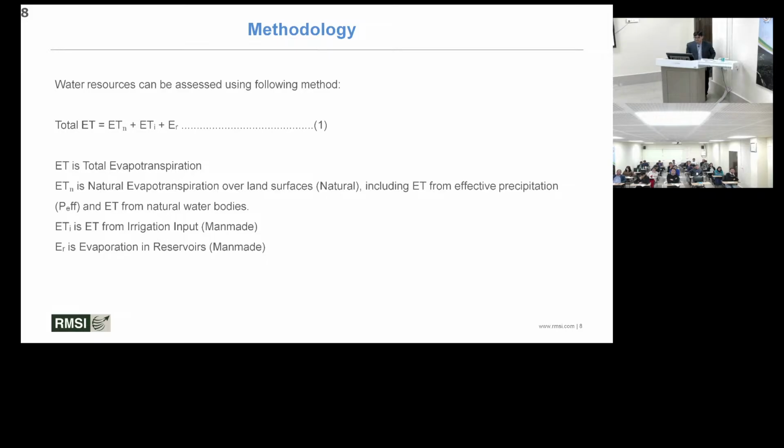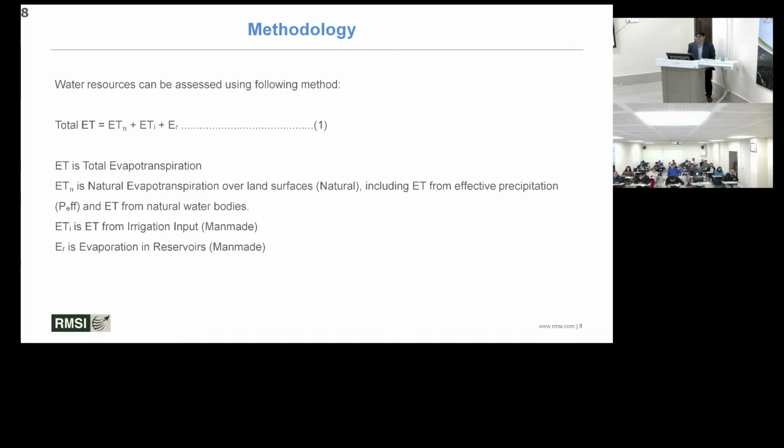This is the formula. ET means ETN, ETI, ETR, and then the irrigation input. The irrigation and reservoir evapotranspiration losses are man-made. They may not be applicable to all river basins. Since they are man-made, these losses have to be considered, and their values have also been considered.